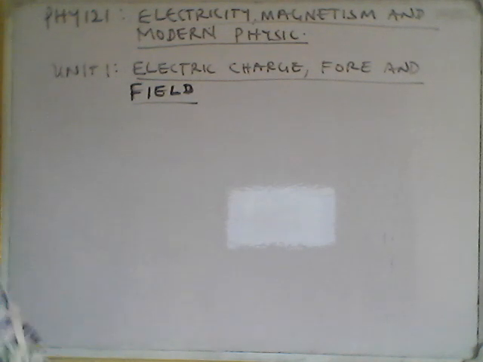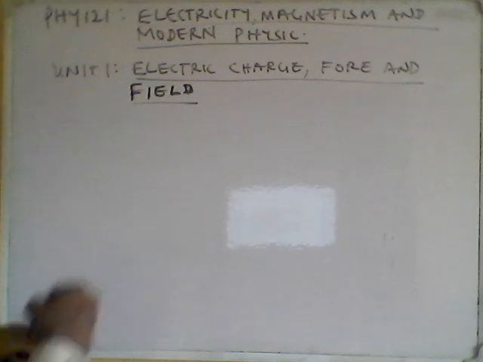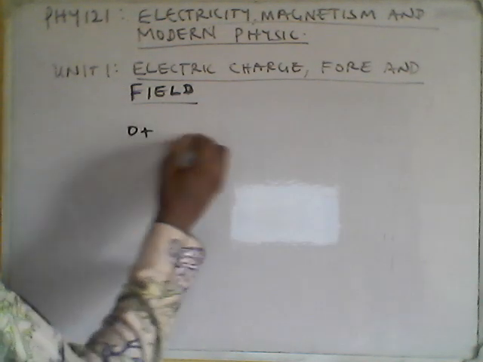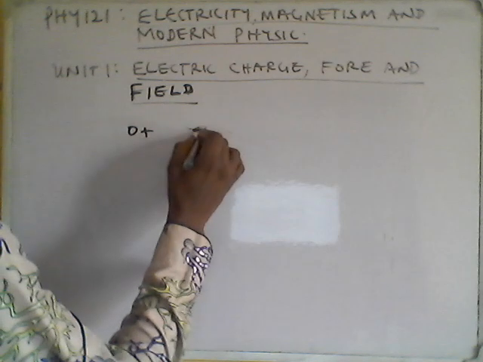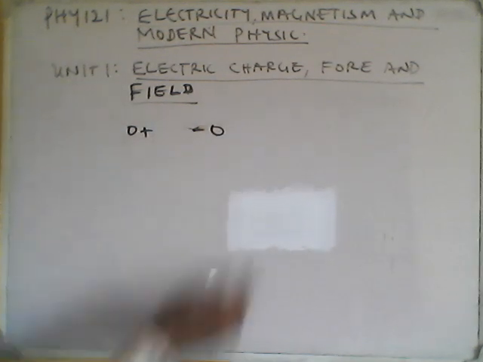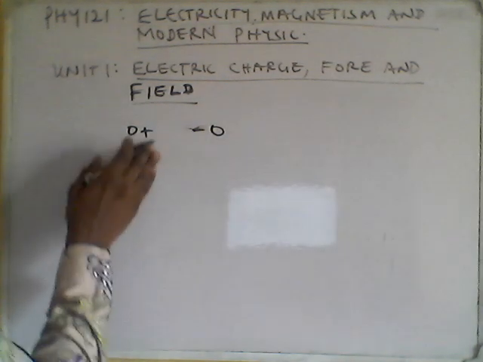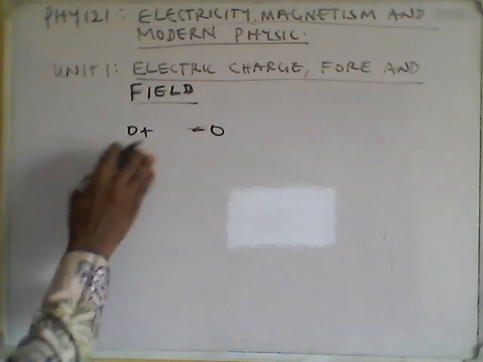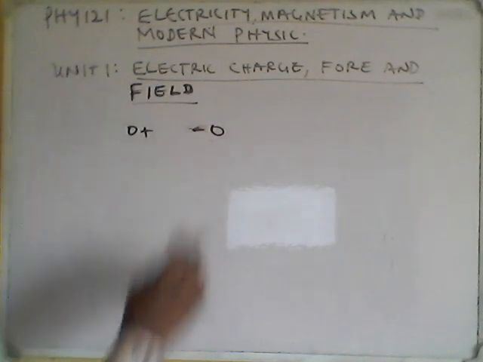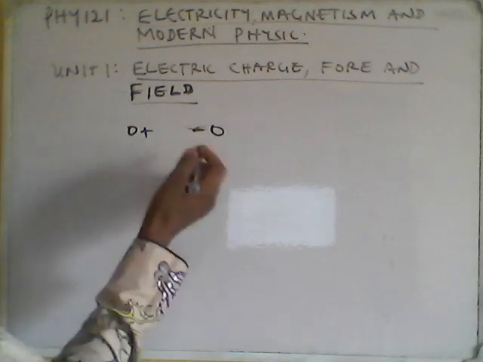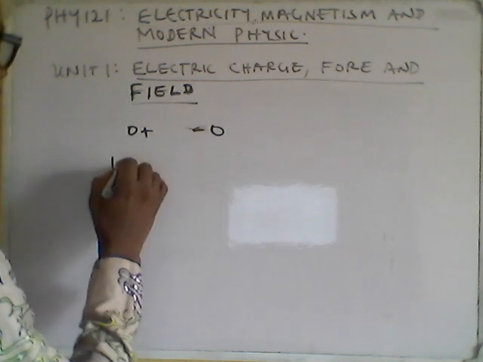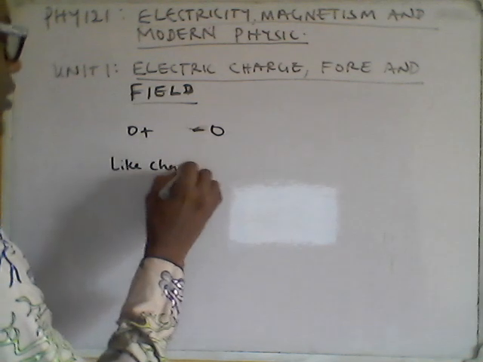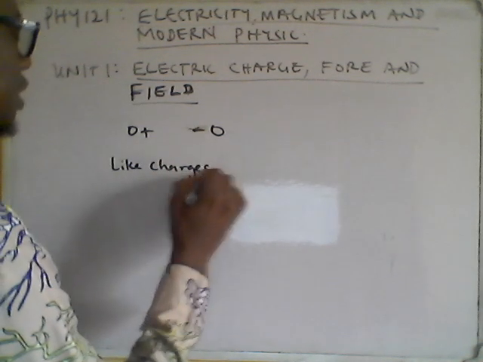There are two types of charge. You have the positive charge, positive, and the negative charge, negative. The nature of these charges is that this one has more of positive ions on it, and this has more of negative ions on it. So two positive charges, like charges, attract.